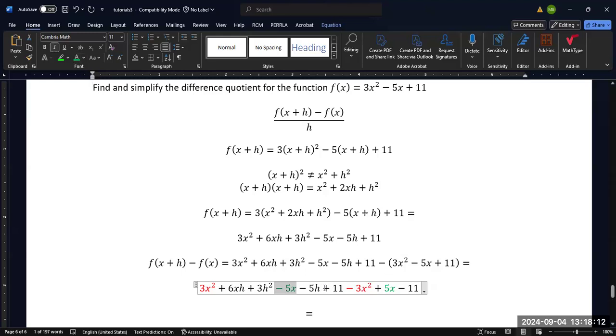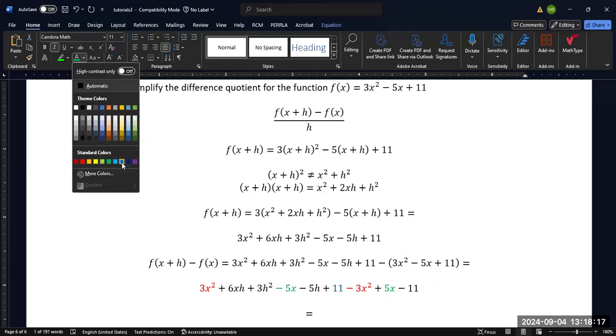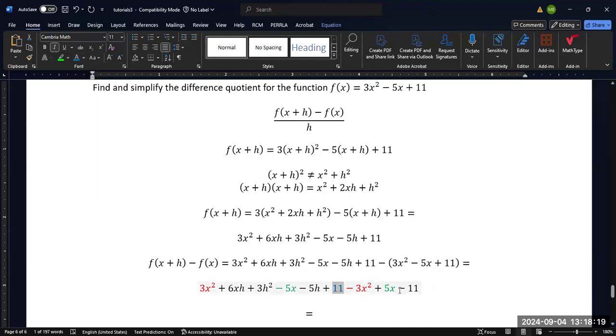They're gone. And also 11 and negative 11. Also gone. So what do we have left? 6xh plus 3h squared minus 5h, and that's it.